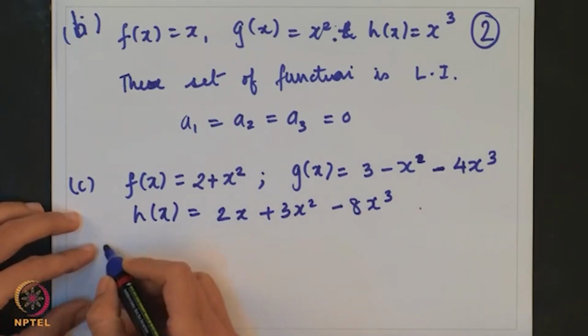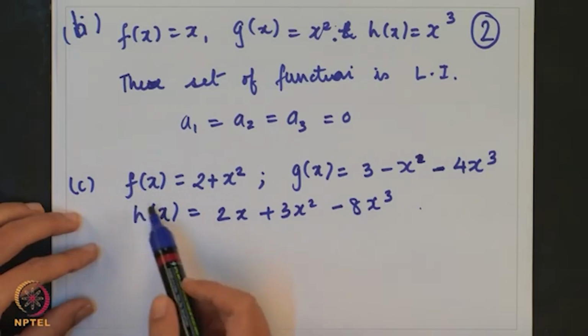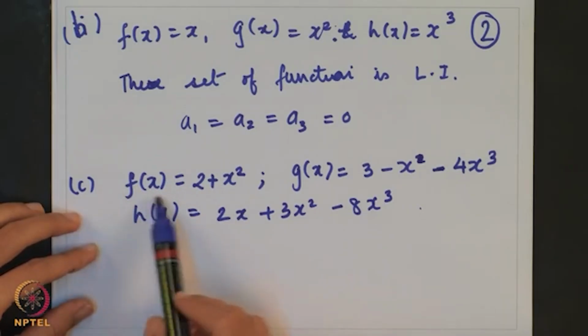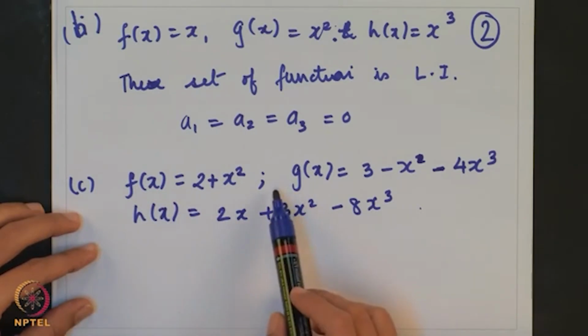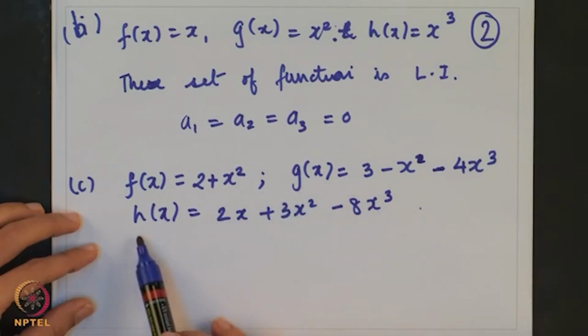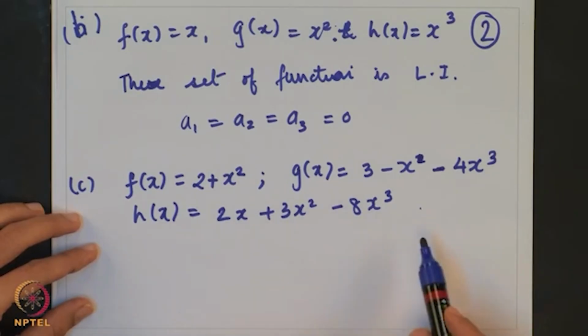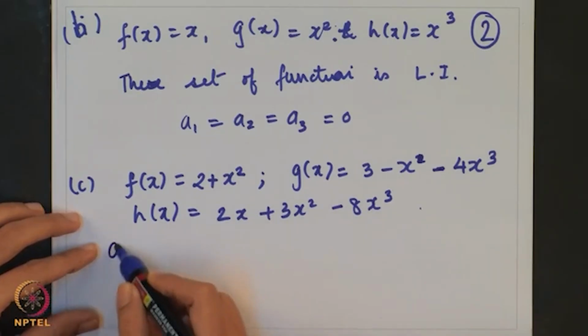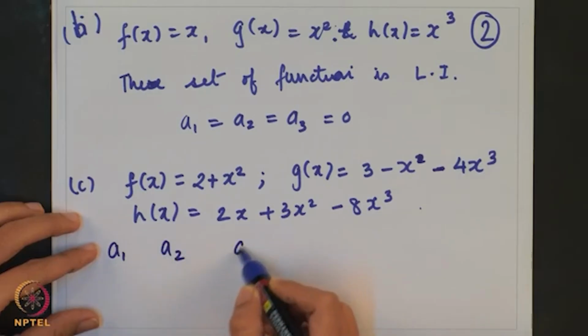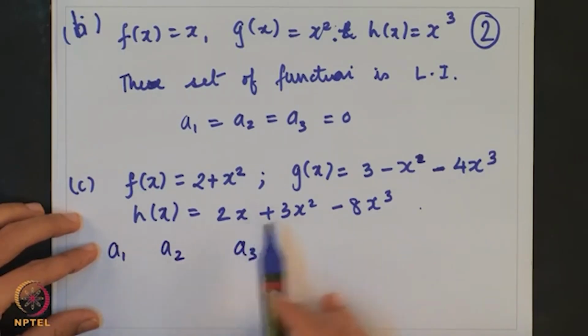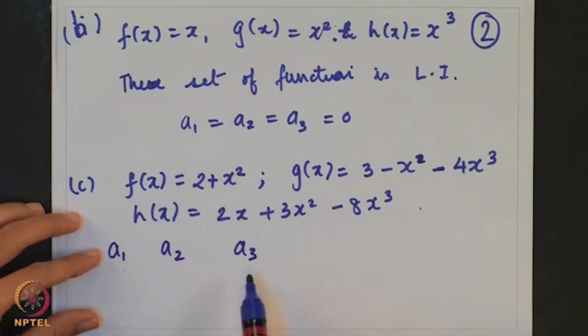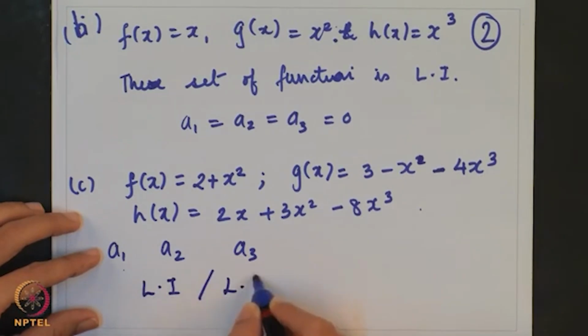Here I will use the same trick: rewrite this as a1 f of x, a2 g of x and a3 h of x, equate it to 0 and find the coefficients a1, a2 and a3, and check whether this set is linearly independent or linearly dependent.